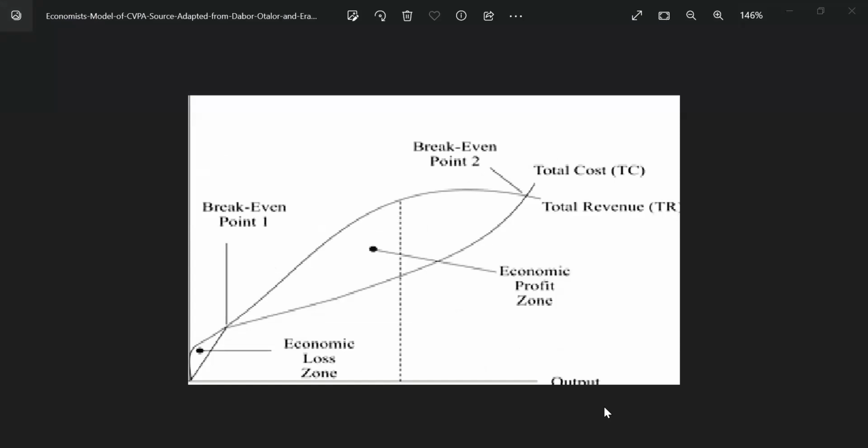So that is very important. Now, the CVP model has what we call assumptions. And those assumptions are very important because it's only within those assumptions that the CVP model is applicable.